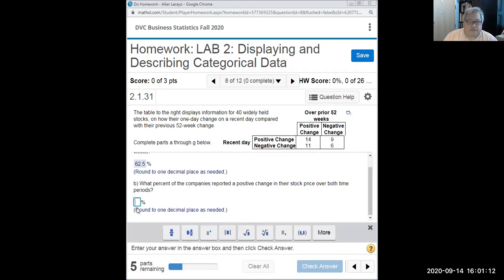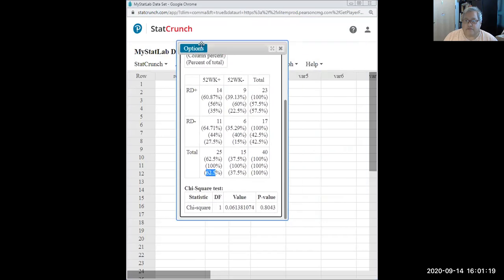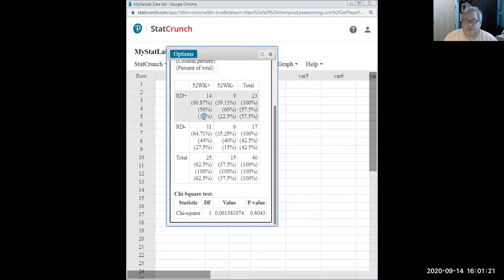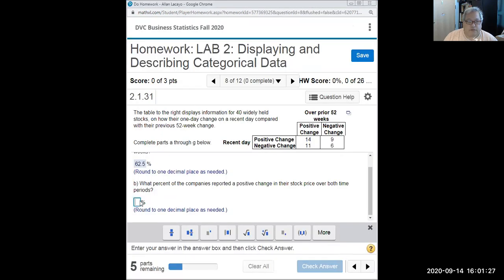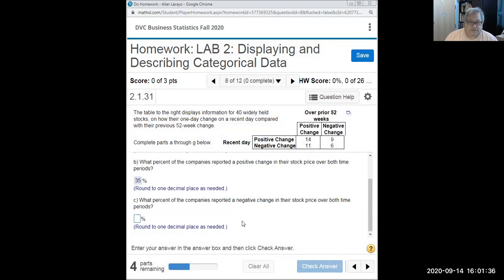So 14 divided by 40 is going to be what I get from looking at my answers, which is 35%. So I'm going to go to my homework and put in 35% into this box and check my answer, and as you'll see, it's the correct answer.